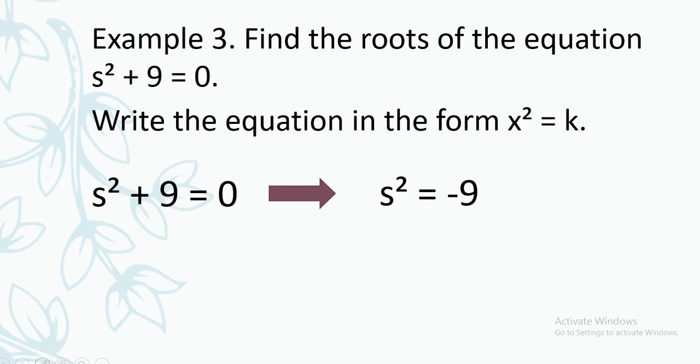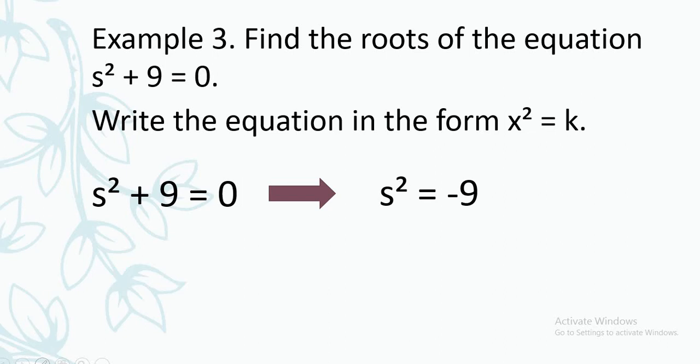So this time, it is now in the form x squared is equal to k. So we can now perform extracting the square root. However, if you notice, the value of k is a negative number, which is negative 9. As I said earlier, when k is less than 0, or a negative number, x squared is equal to k has no real solution or root.